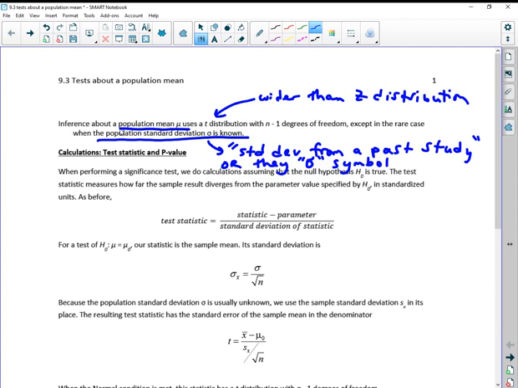So whether you have known standard deviation or a sample statistic for the standard deviation, your test statistic right here looks like this. You're taking your statistic minus your parameter, and then you're dividing by the standard deviation of the statistic, which is right here, the sigma divided by the square root of n. That's your standard deviation of your statistic.